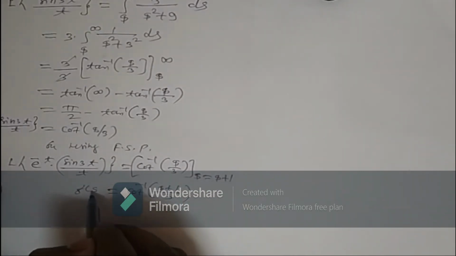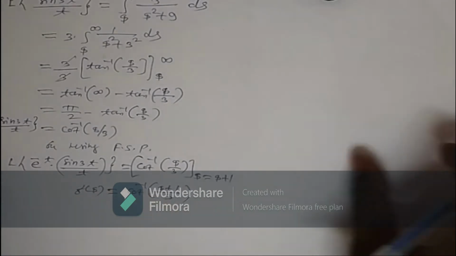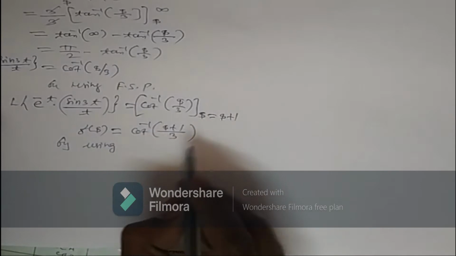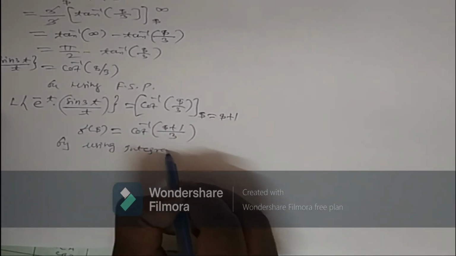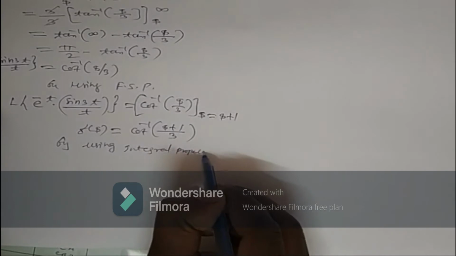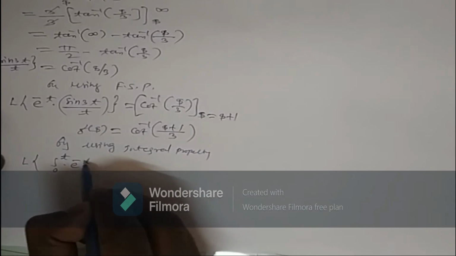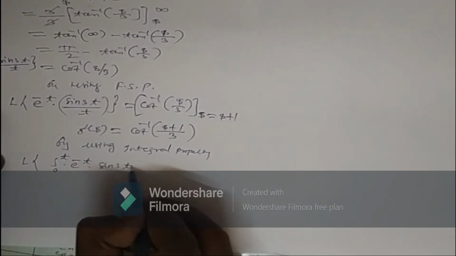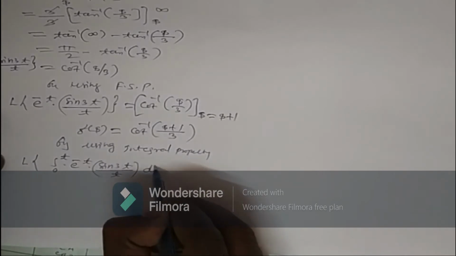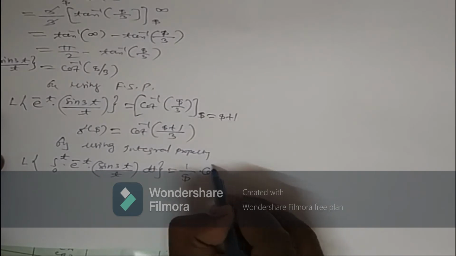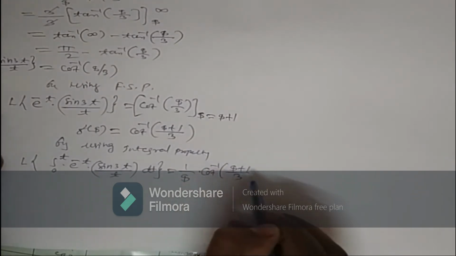So this is your small f of s. And after that, by using which property? Now by using the integral property, the Laplace transform of the integration from 0 to t of e raised to minus t sin 3t upon t into dt is equal to just 1 upon s into cot inverse of s plus 1 upon 3, and this is your final answer.